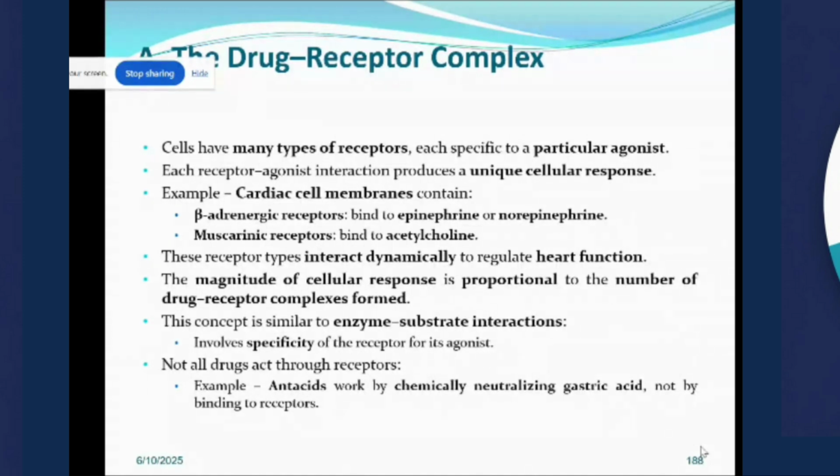But we are noting here a nota bene, that not all drugs work through receptors.